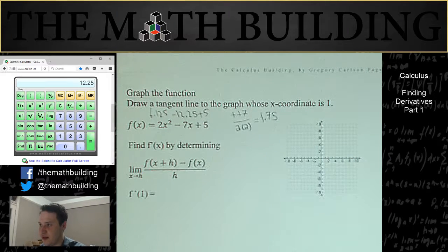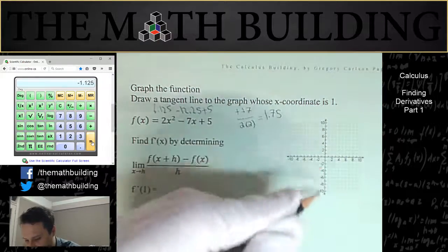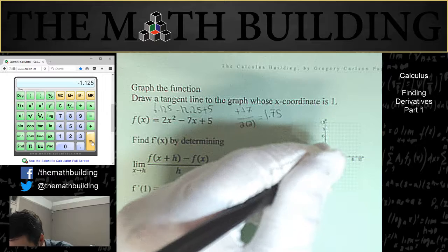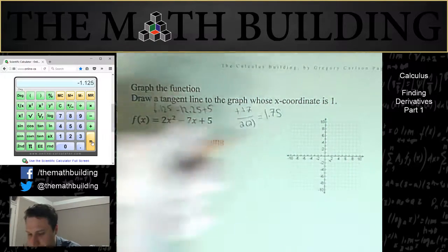So let's calculate that: 6.125 minus 12.25 plus 5. I get that the y part of the vertex is negative 1.125. So let's graph that: 1.75, negative 1.125. That'll be about right there is my vertex.